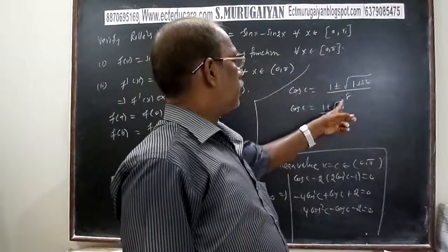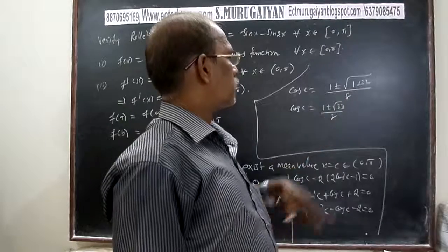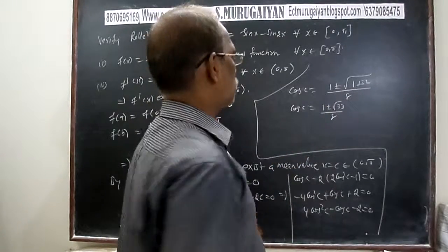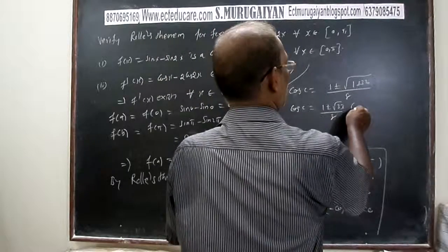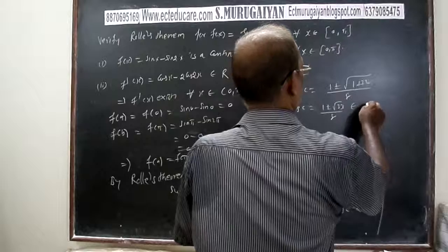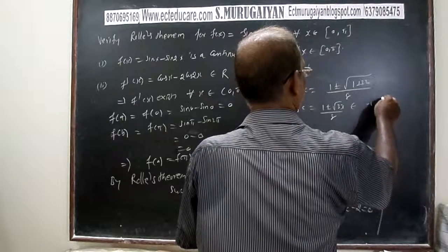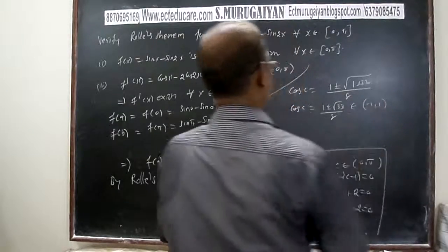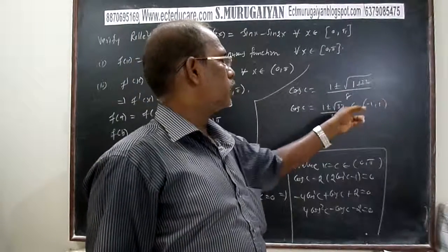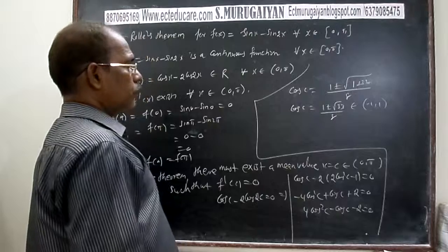So the root of 33 is approximately 6.7, divided by 8, and 1 minus it, so both belong to the interval -1 to +1. Okay, it is more than -1 and less than +1.